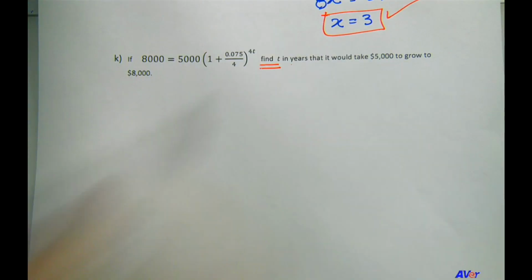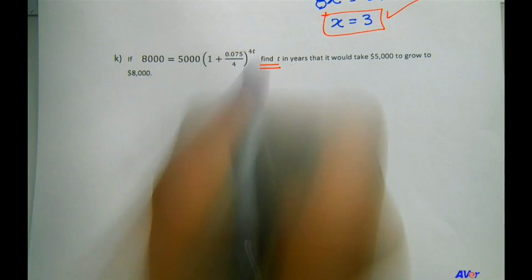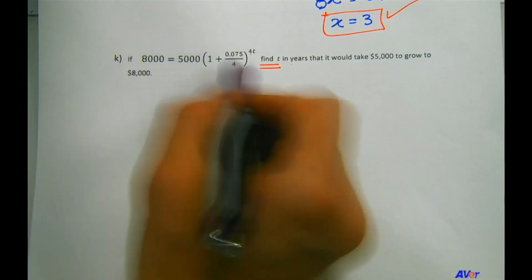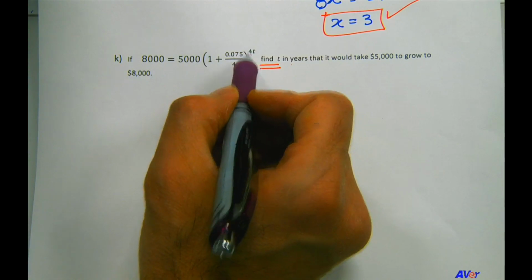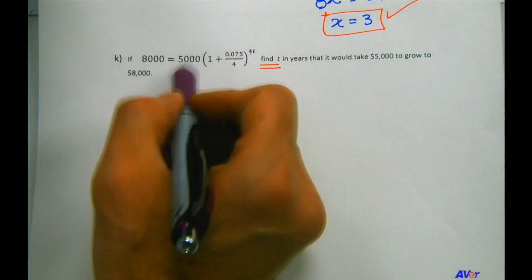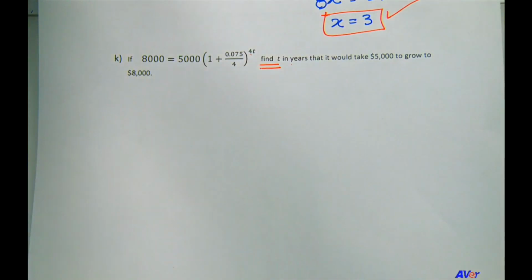Okay, so we're solving for t. That means we need to isolate it. Look how many things are around t. There's the 4, there's this base, there's the 5,000. The technique to isolate t from all of this is going to be different at each step.